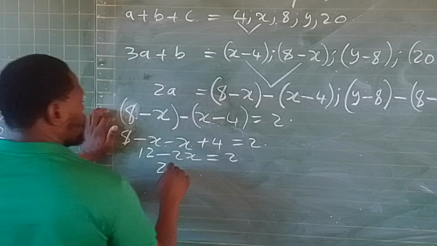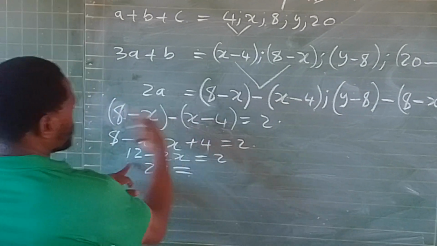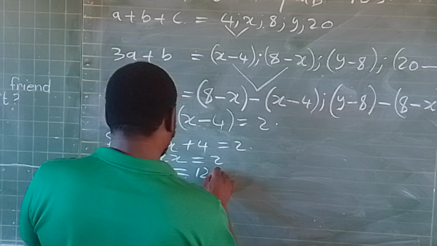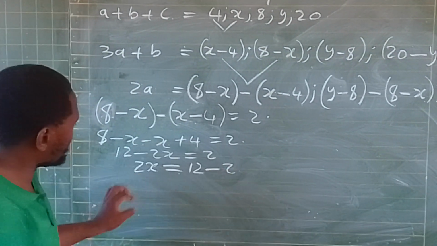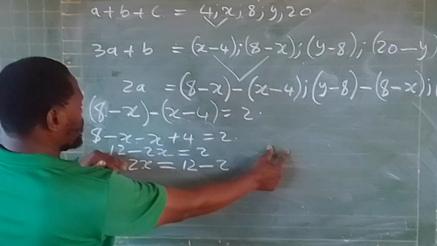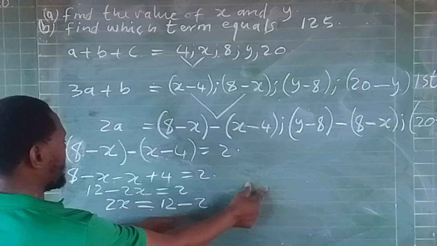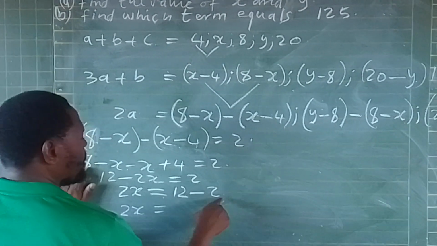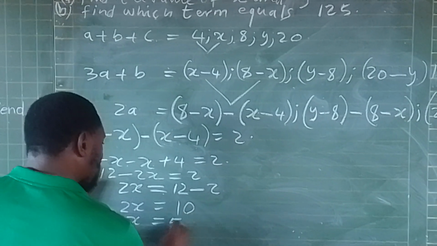It was negative, it is going to be positive. 2x is equal to 12 minus 2, which is 10. Then x is equal to 5.